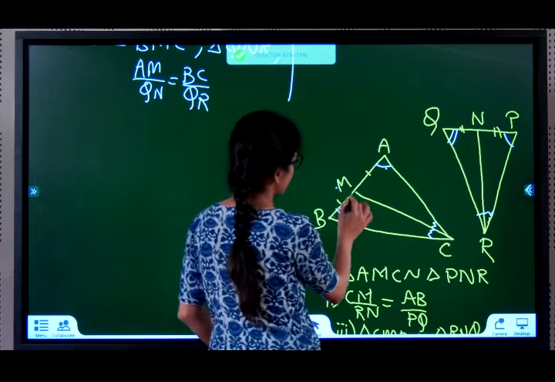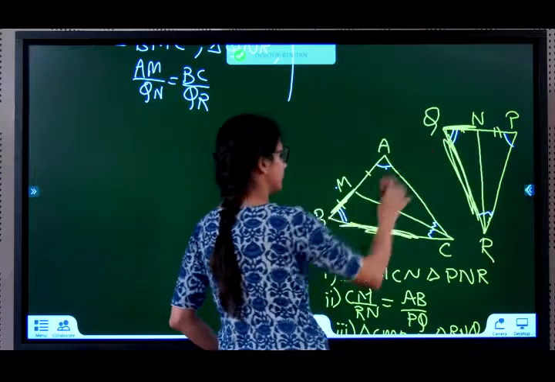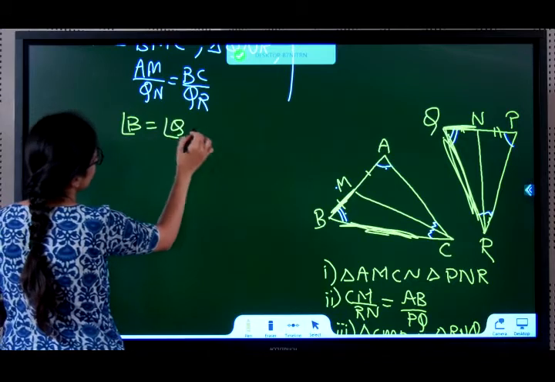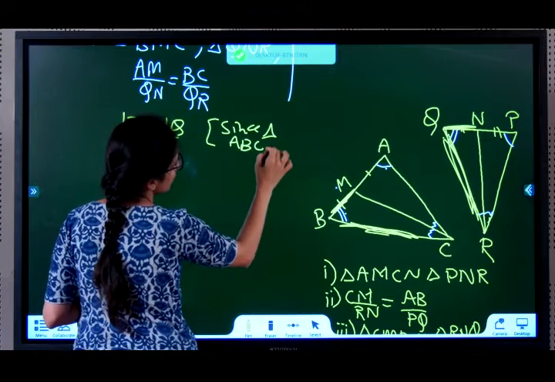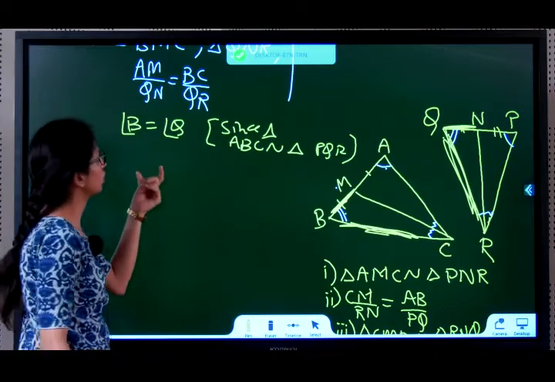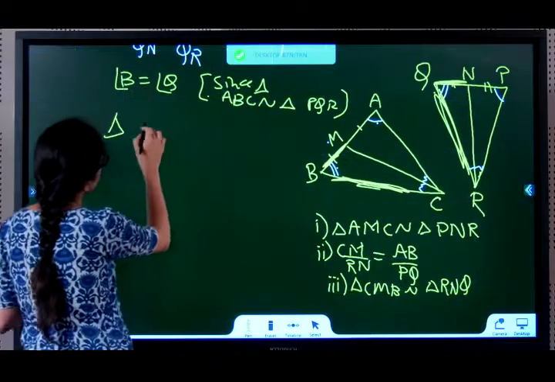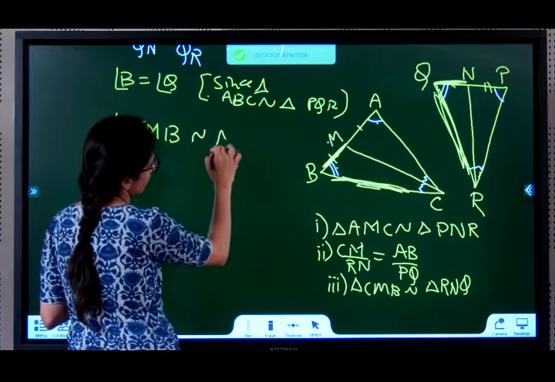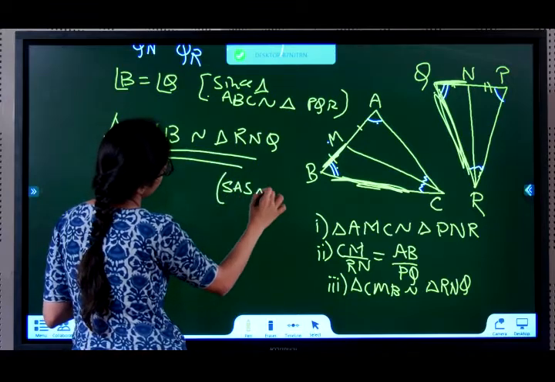Yes. See, we have this side, this side. The including angle is already equal. Angle B is equal to angle Q. Reason being, since triangle ABC is similar to triangle PQR, we can use angle B equal to angle Q. Using these two conditions, can I now say triangle CMB is similar to triangle RNQ, reason being SAS similarity criteria.